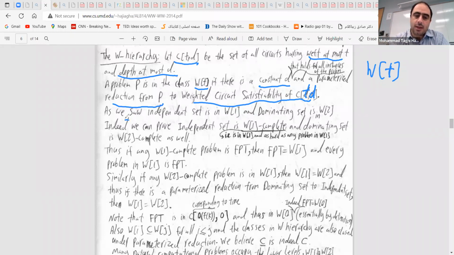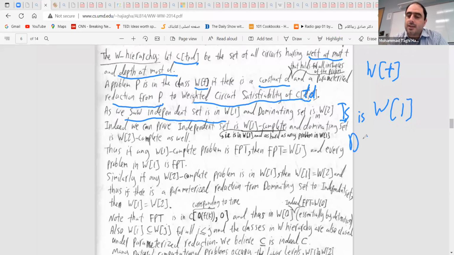As we saw, independent set is in the class W1. Again, the depth should be constant, and the width is the one that we are parameterizing. So independent set is in W1, and dominating set is in W2.